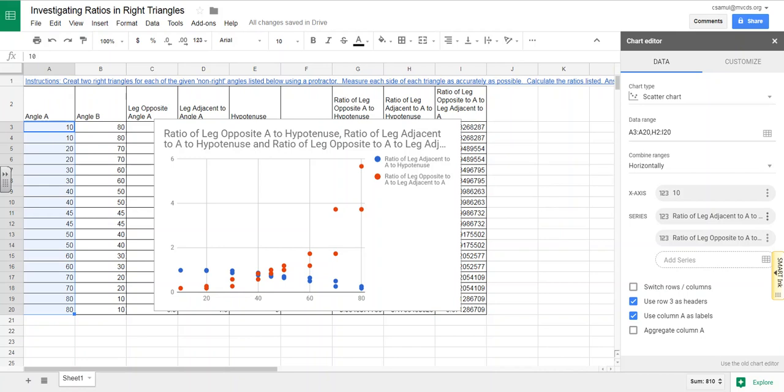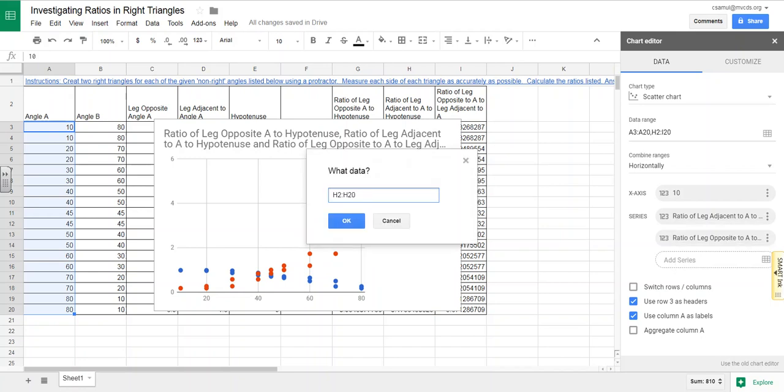And then for the y-axis, they use the word series. What I want to be doing here, and what you should be doing also, is comparing the first two ratios, so column G and column H. So instead of H, I'm going to type in G, and our data starts in row 3, so I'm going to pick G3, and it ends in row 20, so I'm going to pick G20.